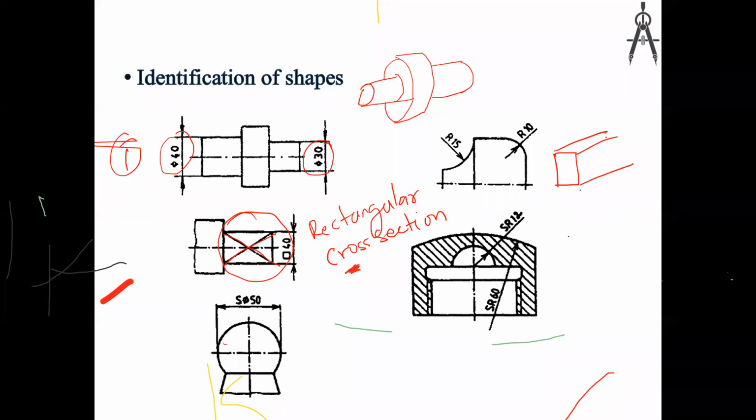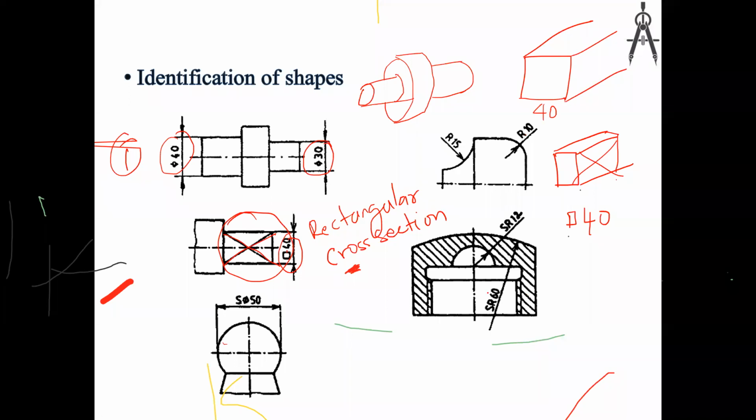That's why this cross is made. And then you can see here a square and 40. Square and 40 means that it is not rectangular, it is actually a square. One side is 40. Square cross section and one side is 40, right?